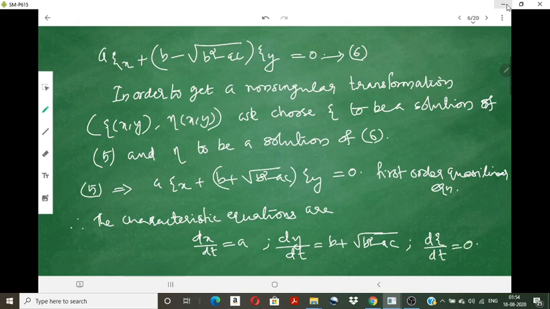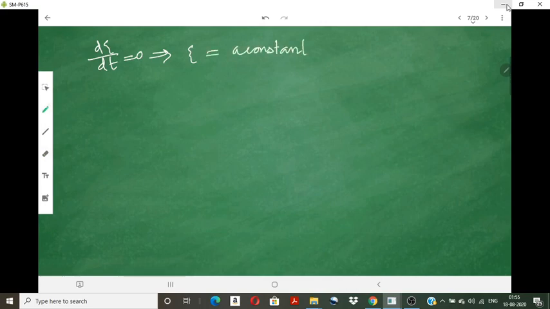These are the characteristic equations. Now taking the last one, d theta by dt equal to 0 implies theta is a constant on each characteristic.